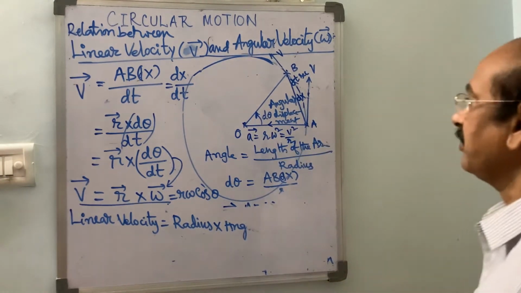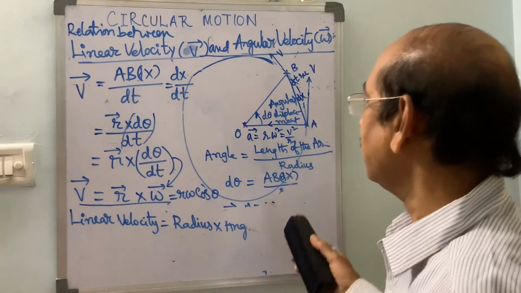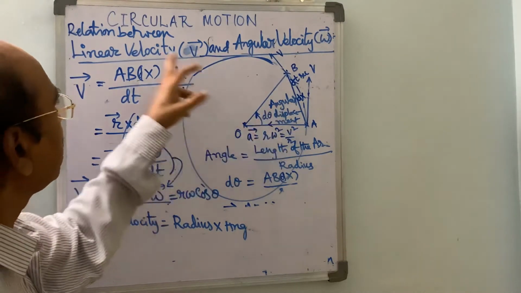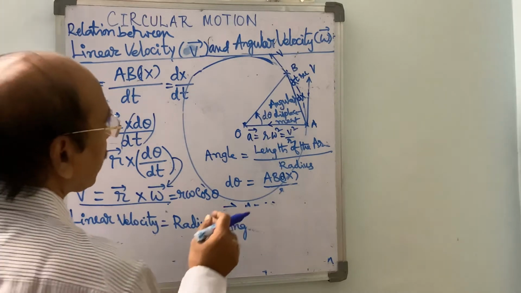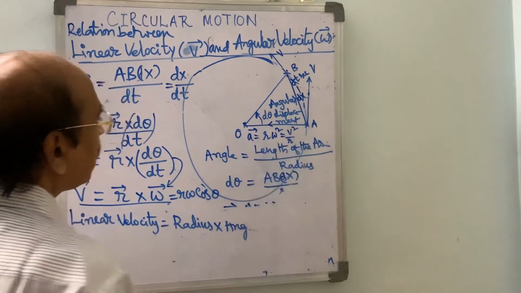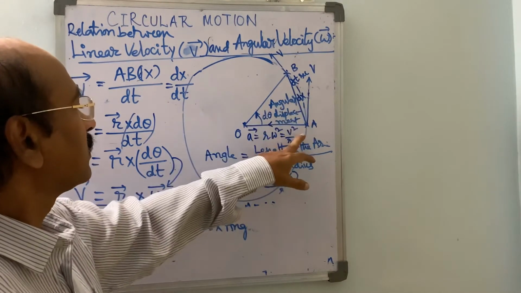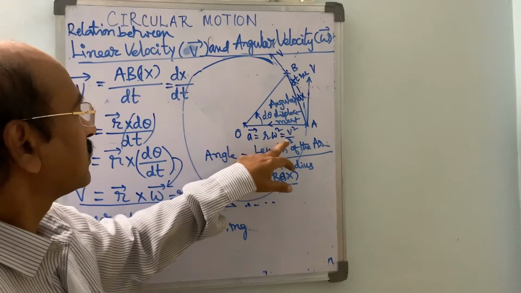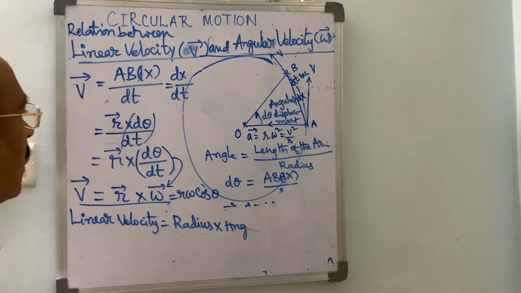So when the body moves along the circumference of the circle, the acceleration acting on the body is of two types. One is linear acceleration, and the other is angular acceleration. The acceleration a bar is equal to r omega square or v square by r. When it moves with uniform speed v, then the acceleration is equal to v square by r or r omega square.